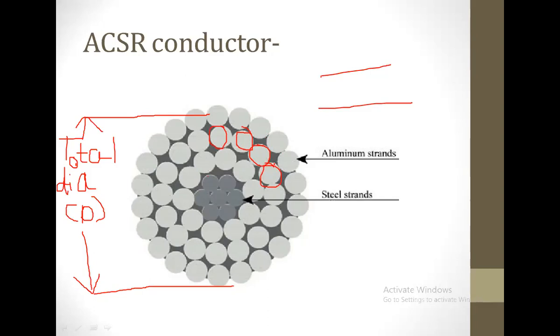That means paper insulation or any other type of solid paper insulation is used here. So these are the strands, and the strand diameter can be denoted by the strand diameter.